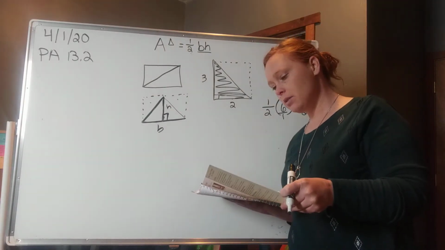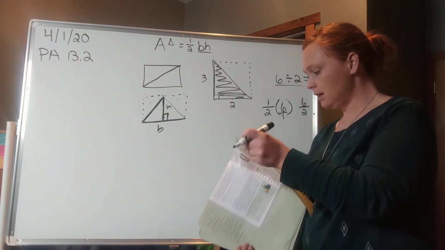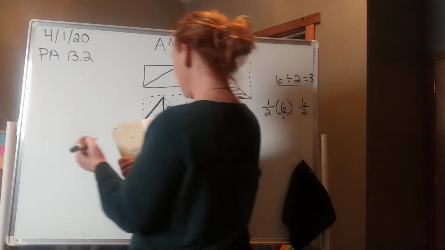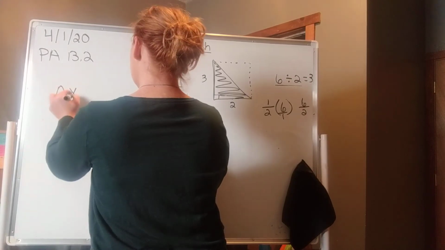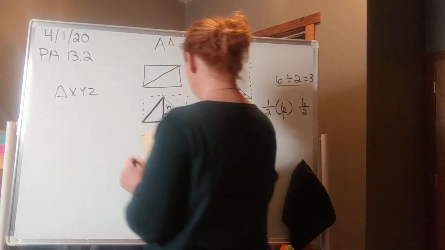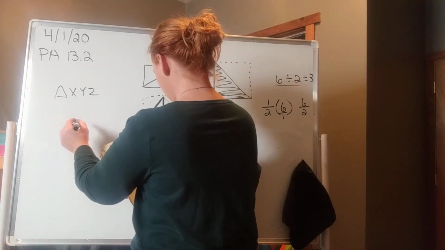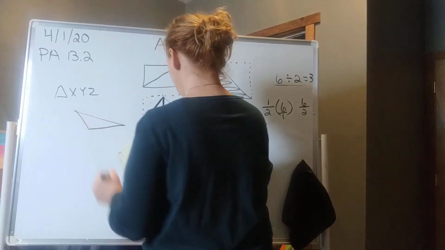Okay, so let's move over and let's find an example. Let's look at example 1. It says, find the area of triangle X, Y, Z. And if you see the picture out to the side, they give us this triangle, X, Y, Z. Okay?